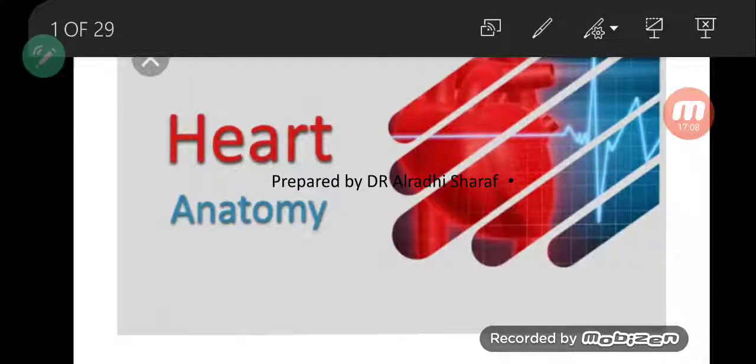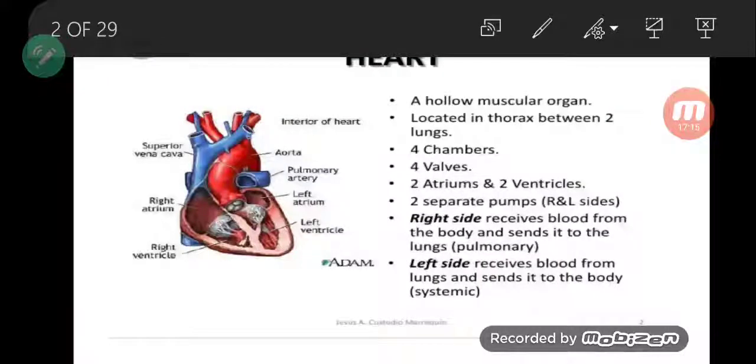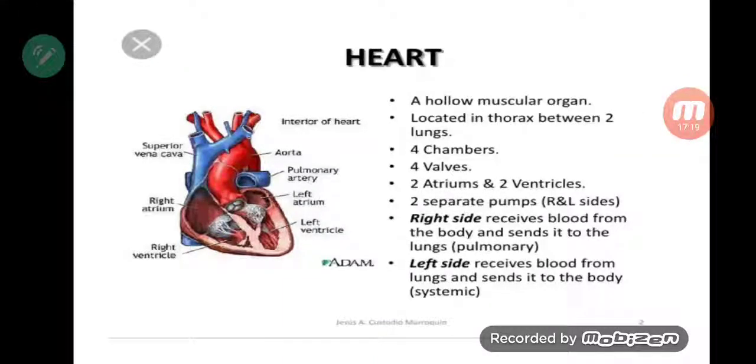Now I will give you a summary of our lecture. We start with the heart, and here we identify the location of the heart, which is in the thorax between the lungs in an area called the mediastinum.